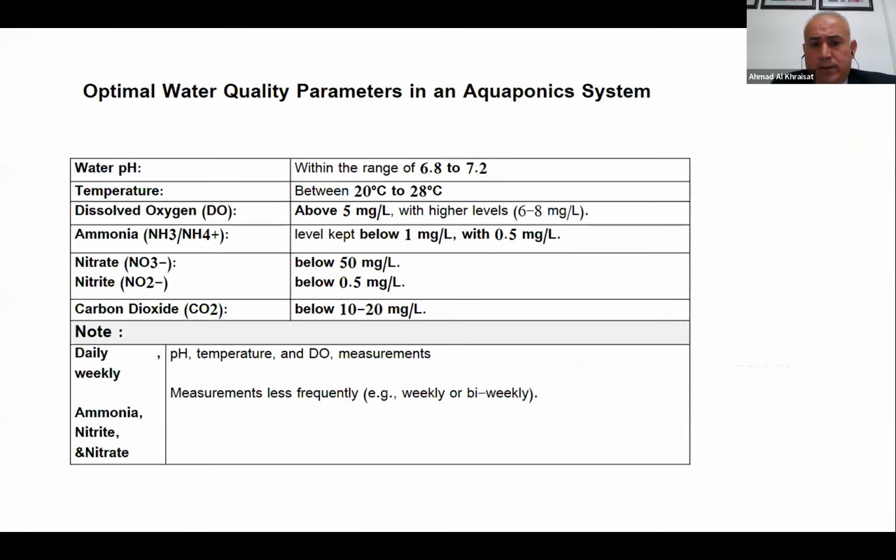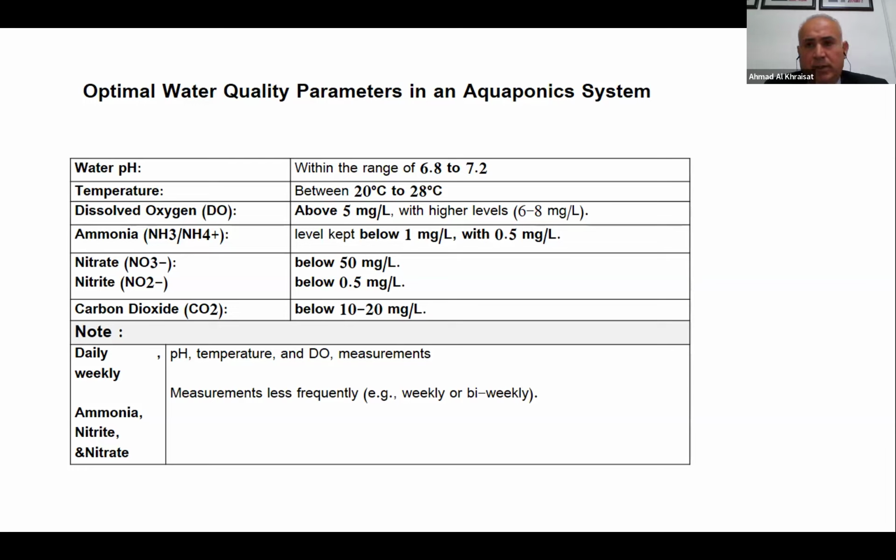The optimal water parameters: my colleagues and I fix the optimal water quality to succeed for both the plant and the fish as much as possible. The pH is between 6.5 and 7 or 8, which is optimal for both together.